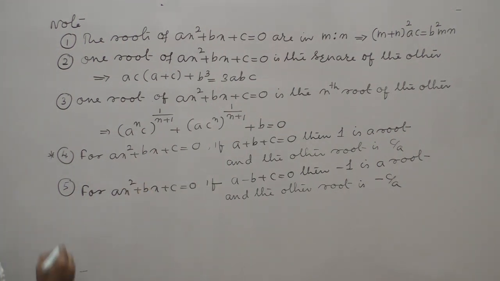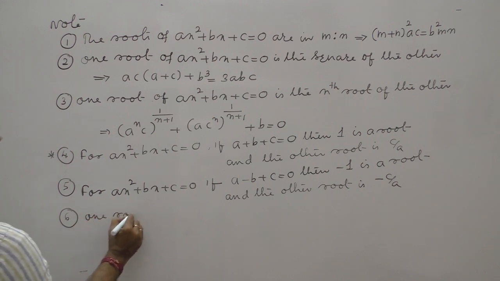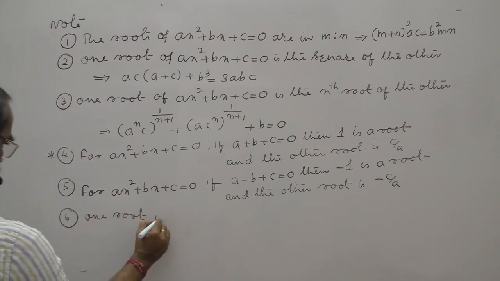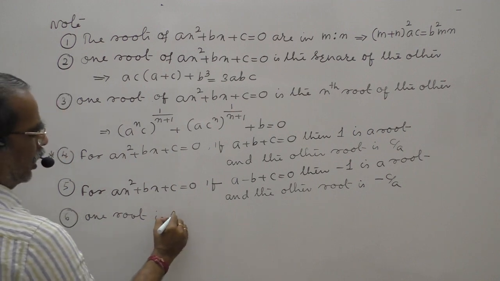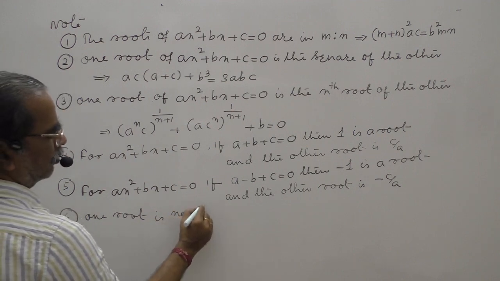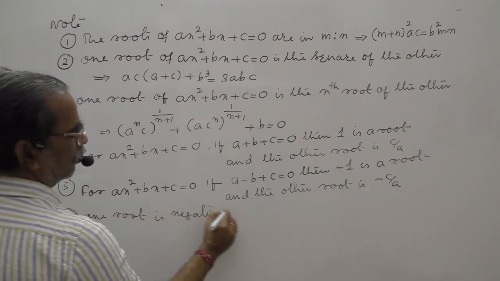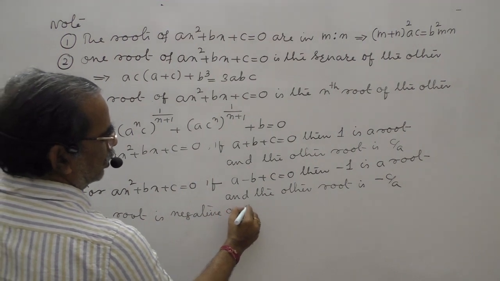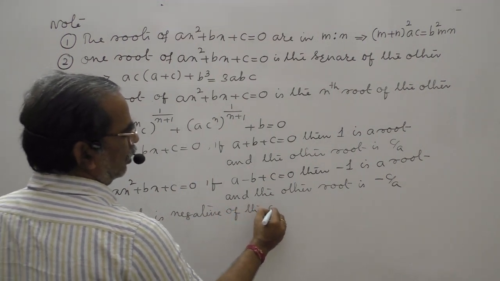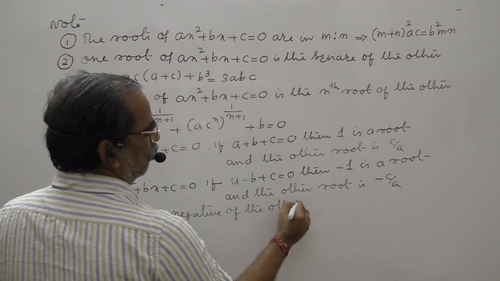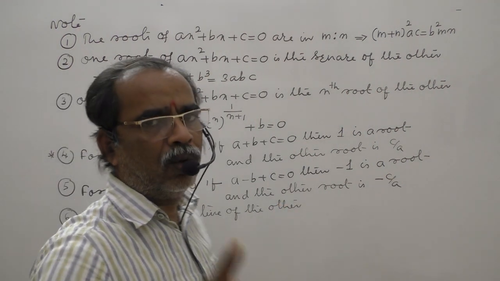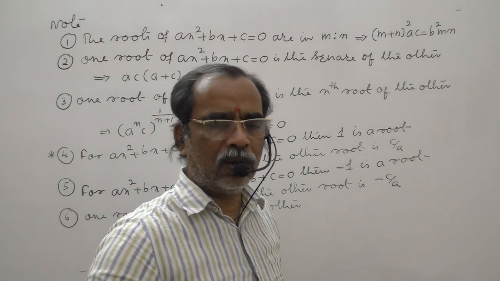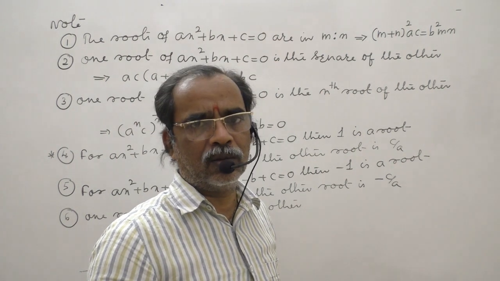Next one, the 6th point. See carefully. If one root is the negative of the other, what does it mean? If one root is 2, the other root is minus 2.